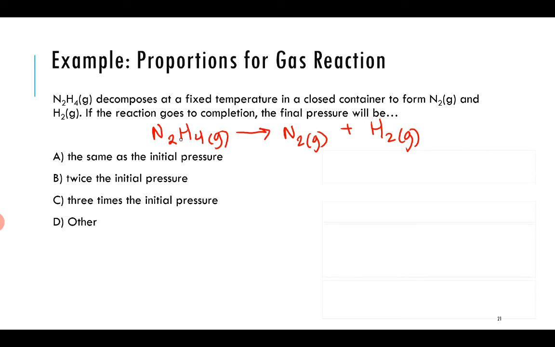Now I need to figure out my coefficients to make sure that I'm balanced. 2 nitrogens on the reactant side, 2 nitrogens on the product side, 4 hydrogens on the reactant side. So I need to have 4 there. So on the reactant side, I have 1 mole of gas. Let me rewrite that. It looks like a Z.